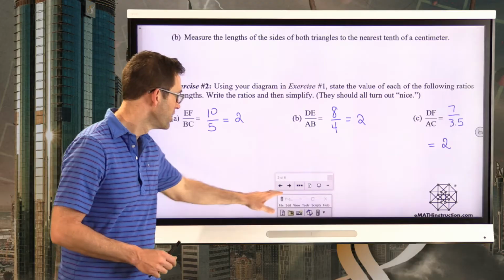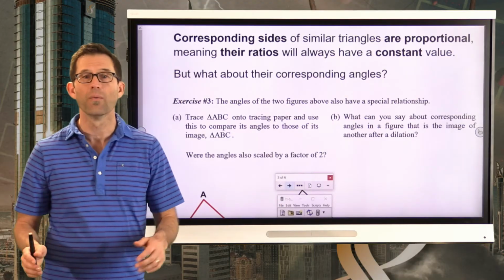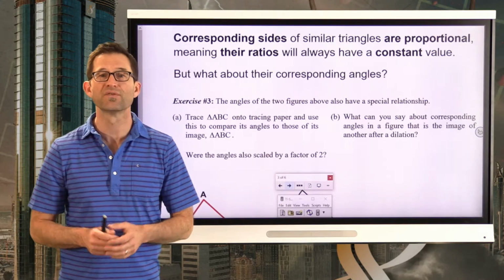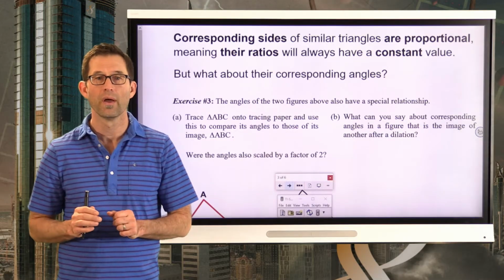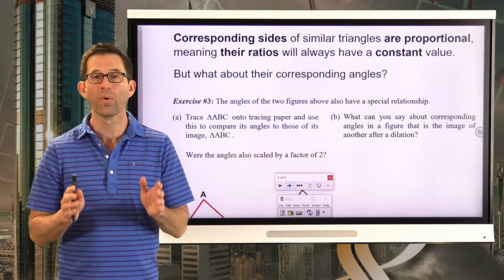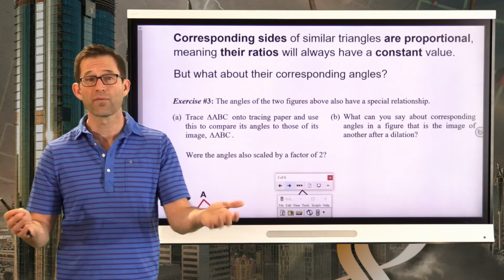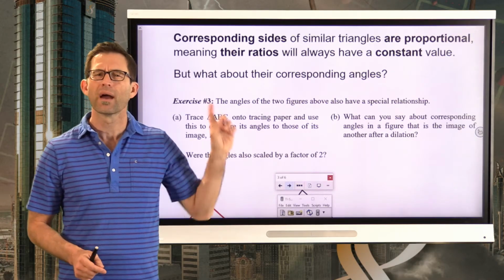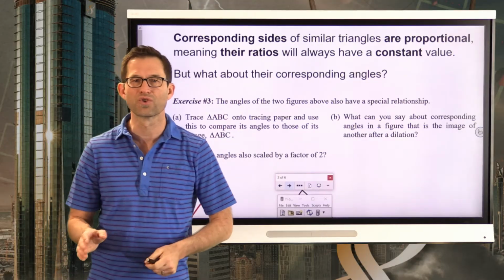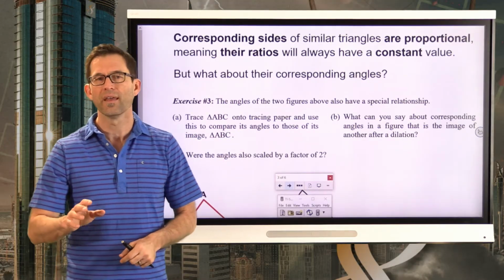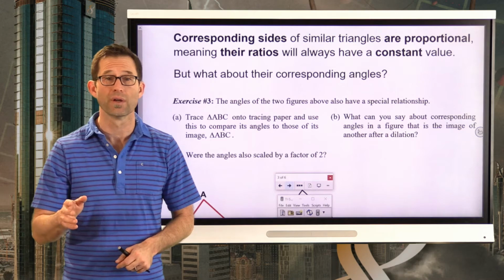Let's keep going. All right, so corresponding sides of similar triangles are proportional, meaning that their ratios always have that constant value, and that constant value is equal to whatever the dilation constant is. Now, corresponding sides, that's an interesting term that you're going to see a lot of in future lessons and in future years.